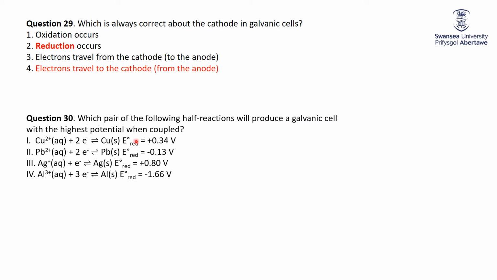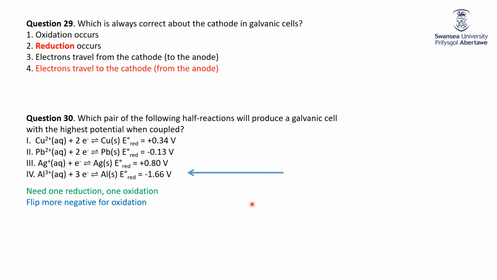Question 30, which pair of the following half reactions will produce a galvanic cell with the highest potential when coupled? Well, for a galvanic cell, of course, you need one reduction and one oxidation, and you need the overall cell potential to be positive. So what you do is you take the more negative reduction that's there and you flip it to turn it into a more positive oxidation.